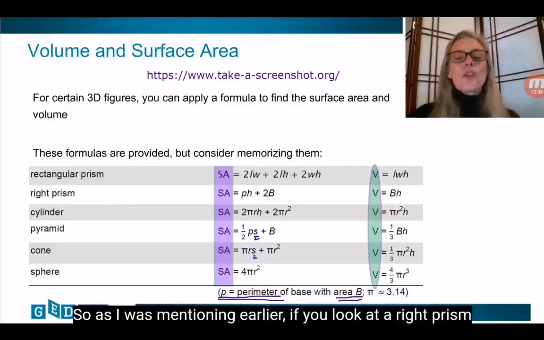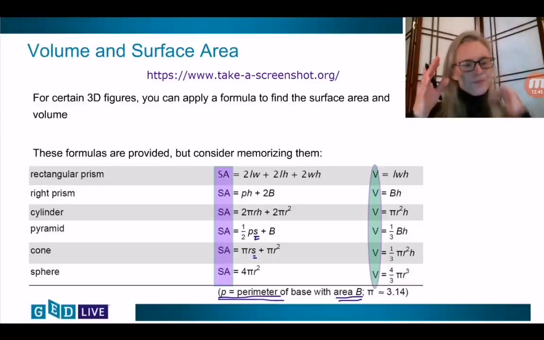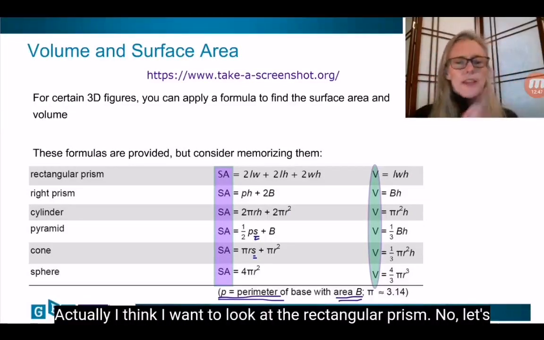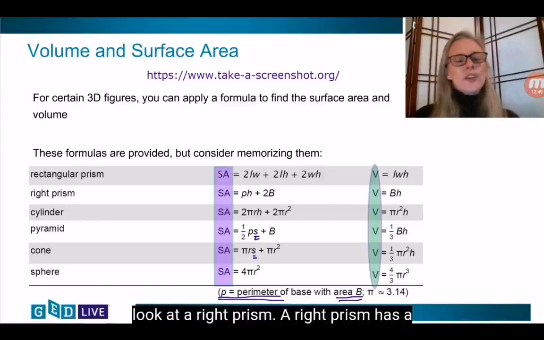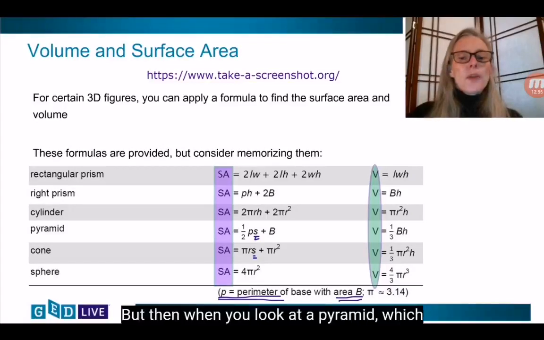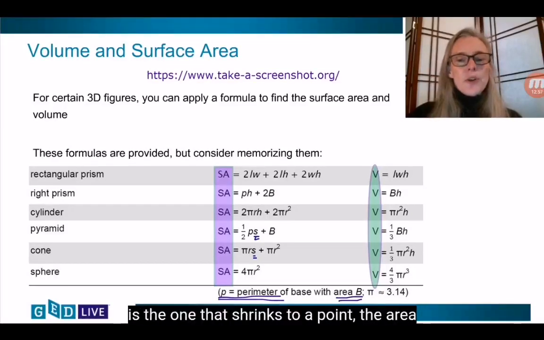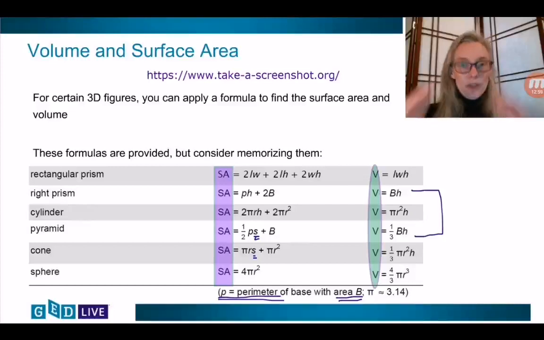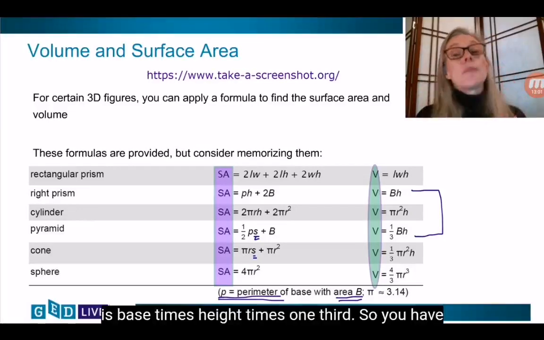As I was mentioning earlier, let's look at a right prism. A right prism has a volume that's just base times height. But when you look at a pyramid, which shrinks to a point, the volume is base times height times 1/3.